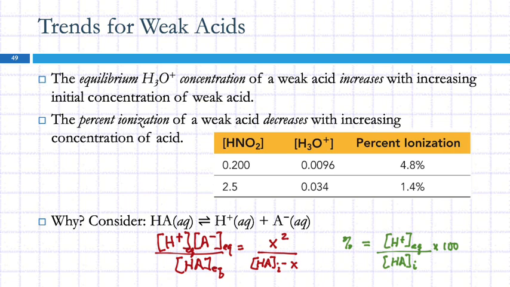So if you double HA, that does not mean that you're going to double H plus. So then the percent ionization is going to change. I don't think this is the best way to explain that, but it's better than yesterday when I completely blanked.